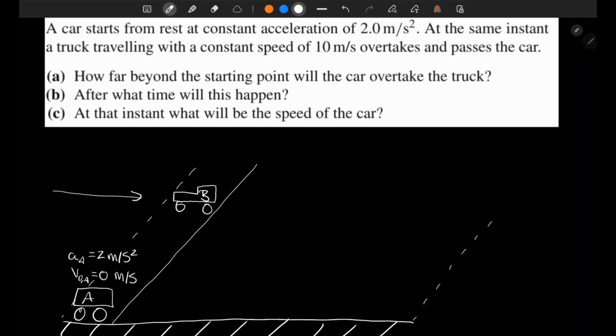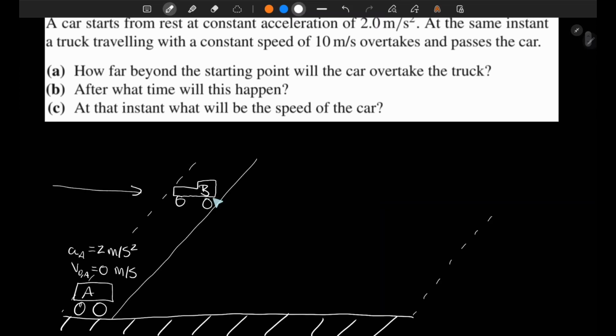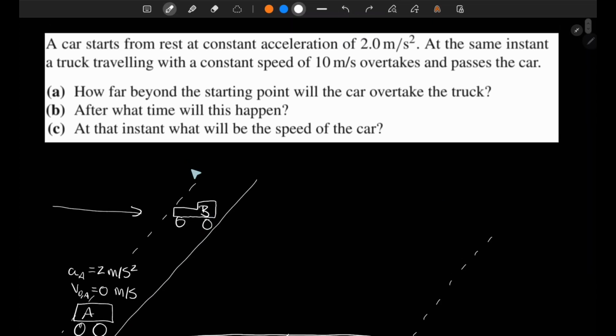And this guy here, car A, starts from rest. But this truck B has been moving. And at this moment, when they both cross this line, this truck is moving with a constant speed. So V0, we'll just call it V because it's a constant speed.